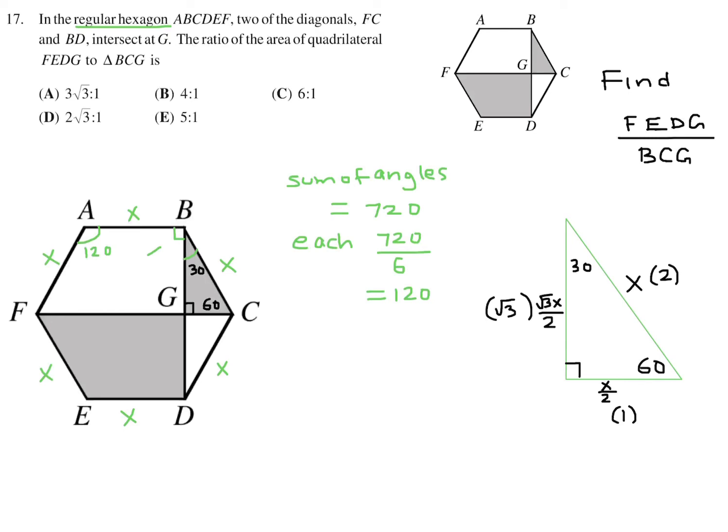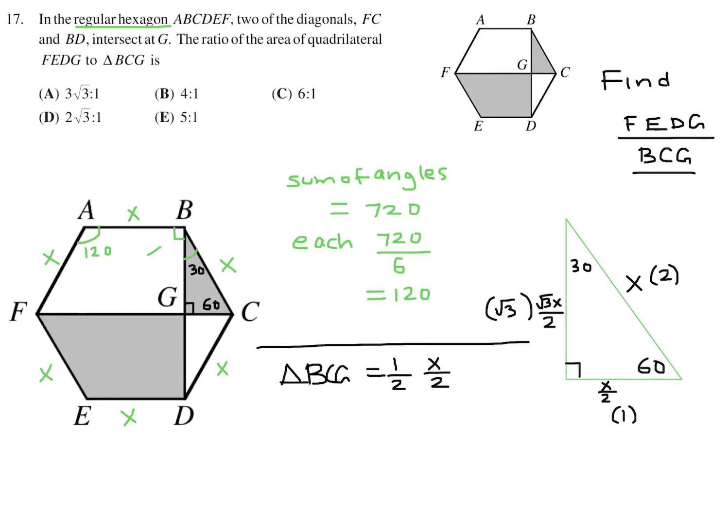So the good news is, because I have all the sides, I can figure out this area right there. So area of triangle BCG is 1/2 base times height. The base is from here to here, which is right there, X over 2.